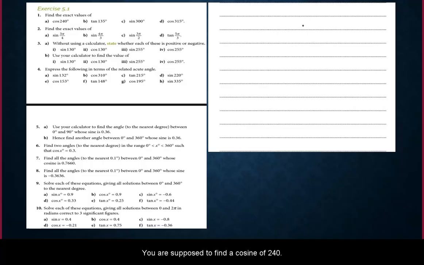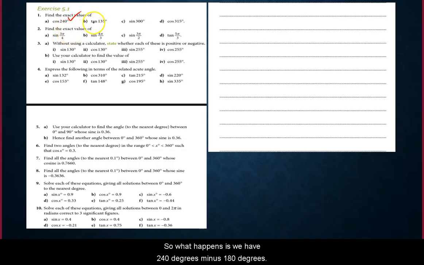You are supposed to find the cosine of 240. 240, when you talk about the quadrant, is in the third quadrant and it is cosine, so it is negative. So if 240 is in third, then it is negative. So what happens is we have 240 degrees minus 180 degrees.